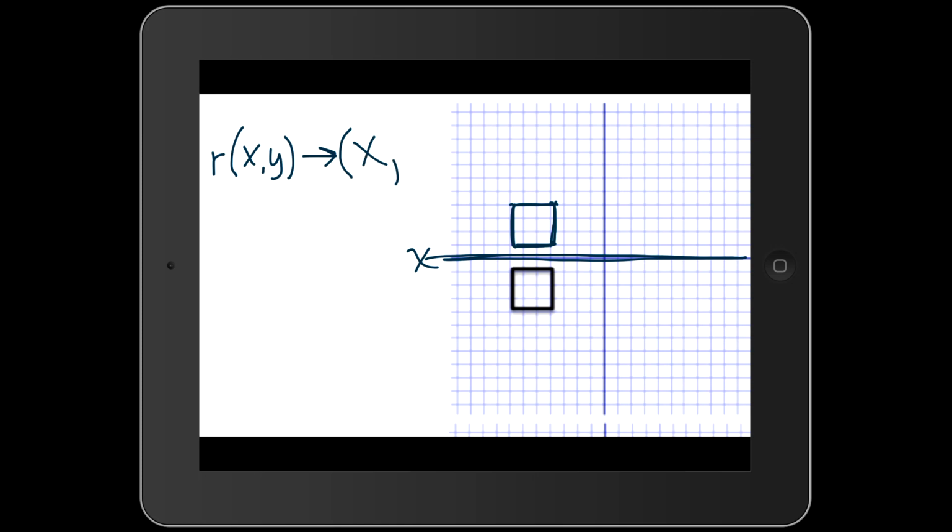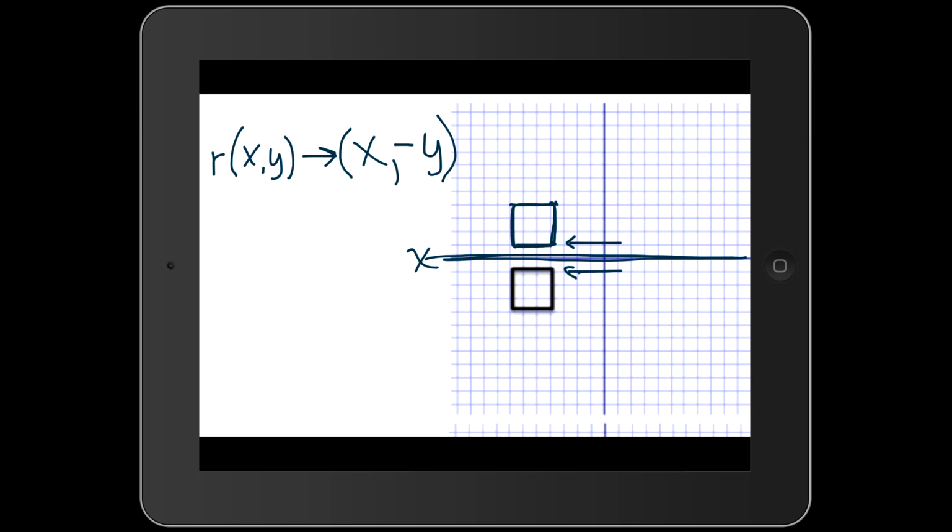The y values became the opposite. Here my y value is negative 1. Up here, my y value is positive 1. Negative 1 and positive 1, those are opposites. So my y values became the opposite. And here is our reflection rule for reflecting over the x-axis.